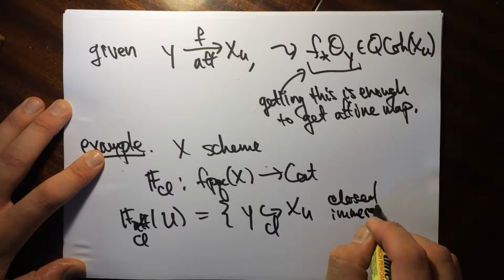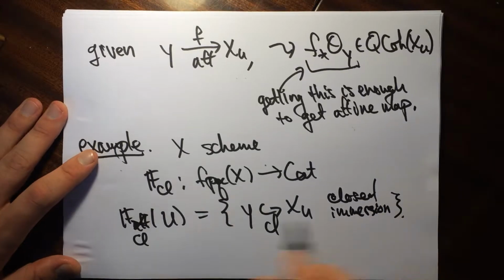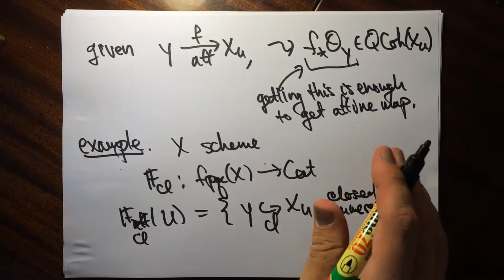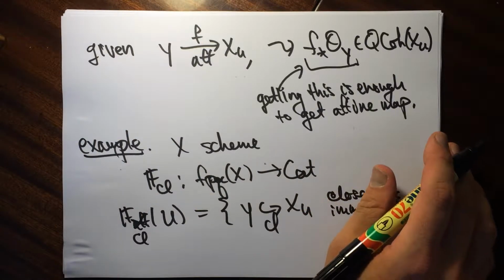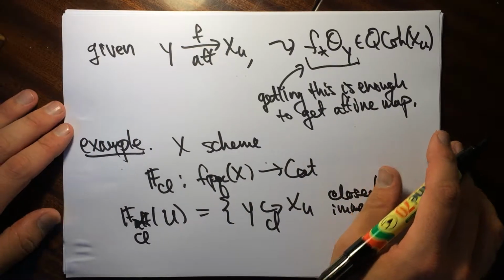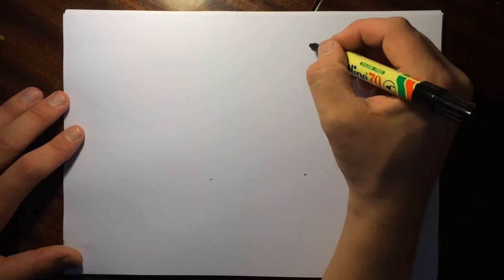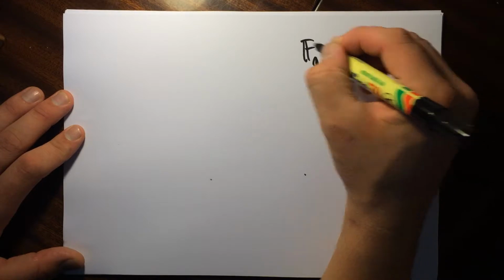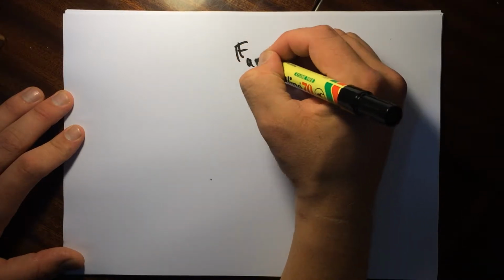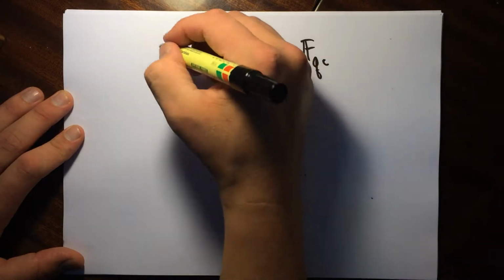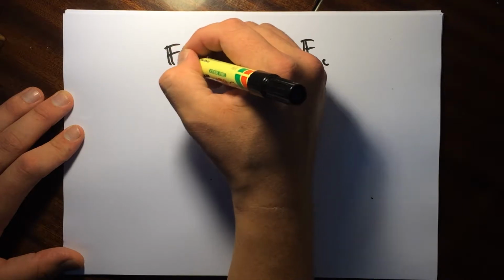So notice that closed immersions are affine. And affine maps are determined by the structure sheaf. So we really have kind of three inclusions. We have this FQC, this contains the affine things, and then this contains the closed things.